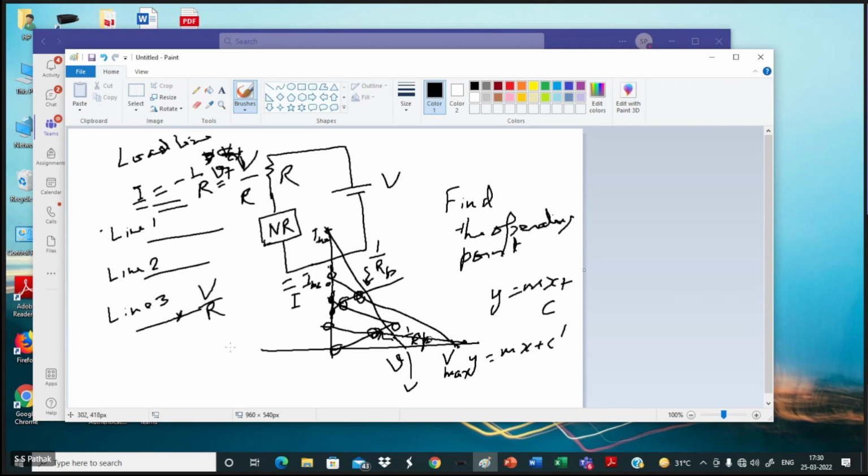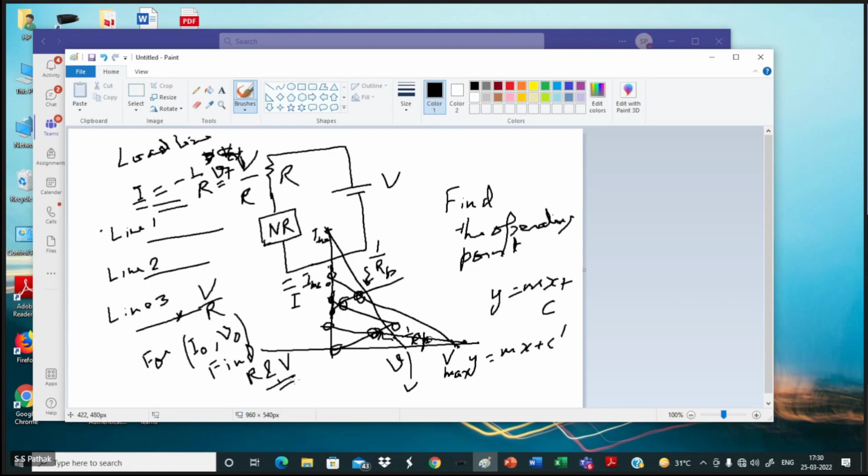Next question may come that for operating point IO and VO, find R and V. You have to find this also.